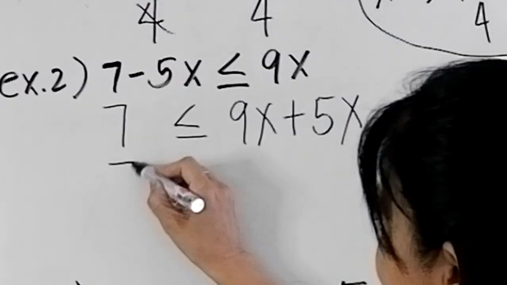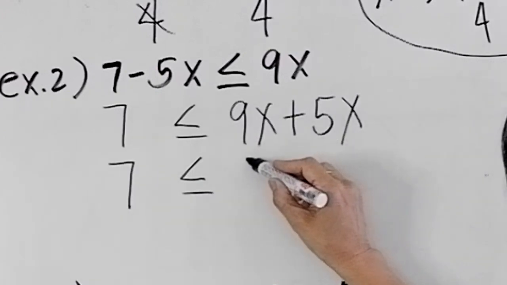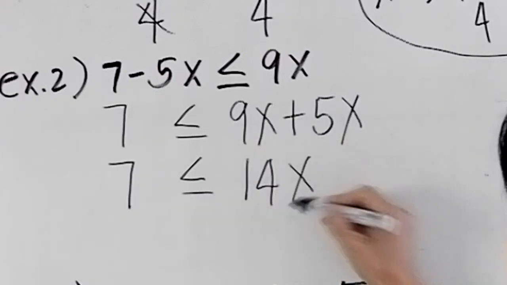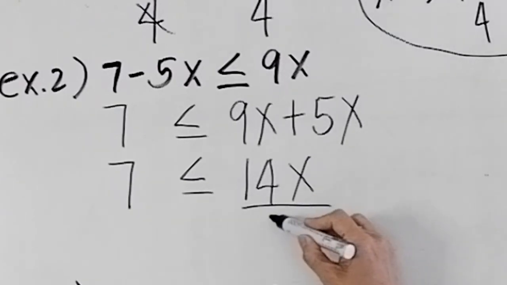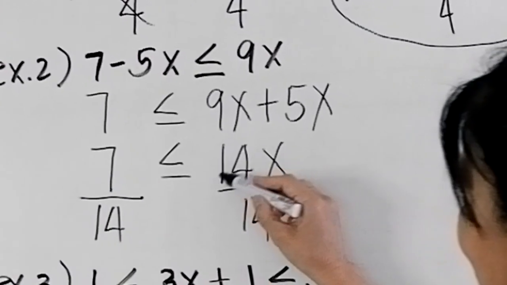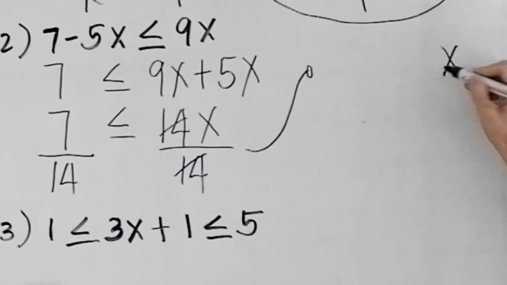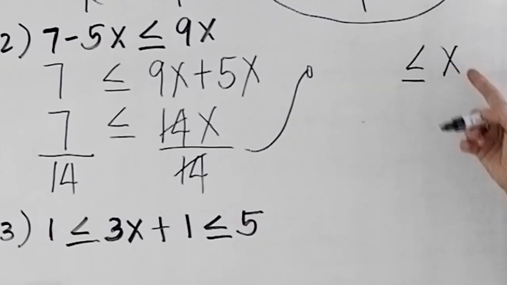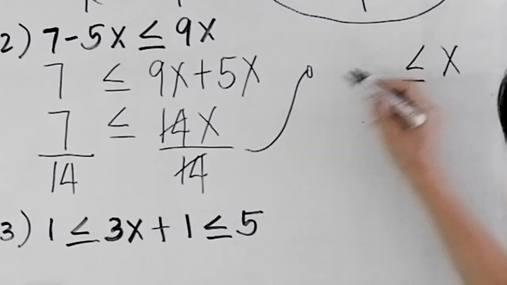So you have here 7 is less than or equal to 9x plus 5x, which is 14x. Isolate x. So you divide both sides by 14. There, by 14. Cancel this. You're left with x on the right side greater than or equal to 7 over 14.